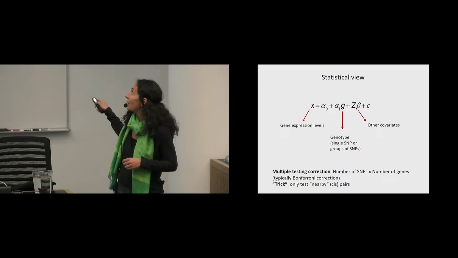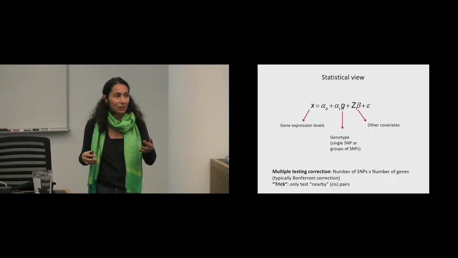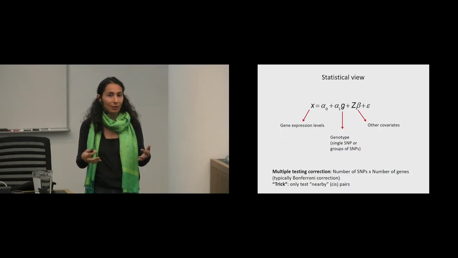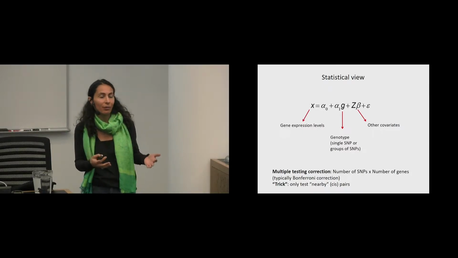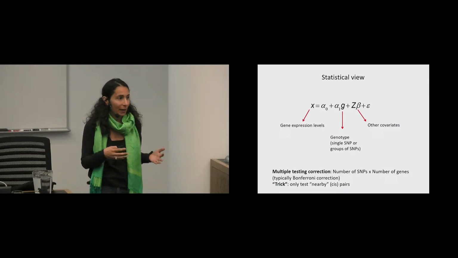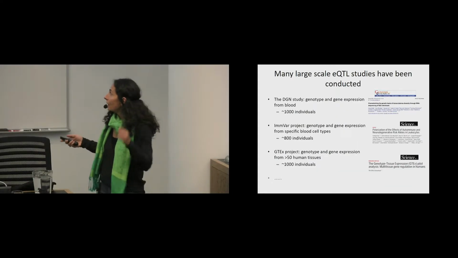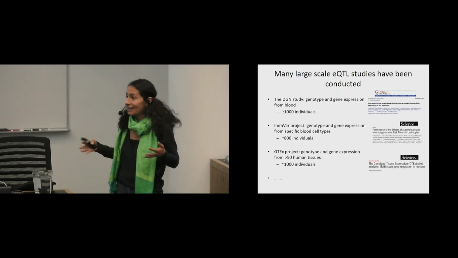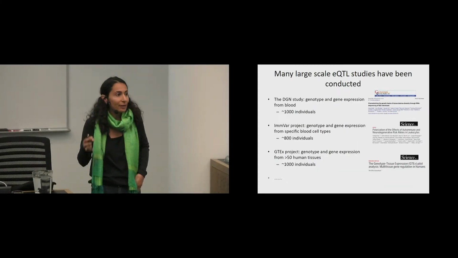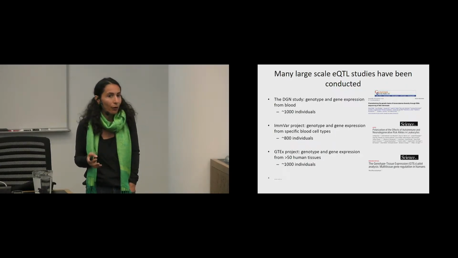So if you have a bunch of covariates that you can adjust the gene expression for to explain some of its variability, then the leftover variability is better explained by the genetics. Over the last few years, there have been a lot of these eQTL studies looking for relationships between SNPs and gene expression.